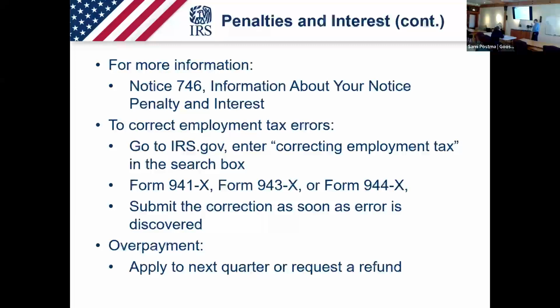A lot of times people will file a second 941, and that can cause confusion because IRS does not know: was the first one right or was the second one right? Is this correct? Is this a mistake? Sometimes we'll process it incorrectly.